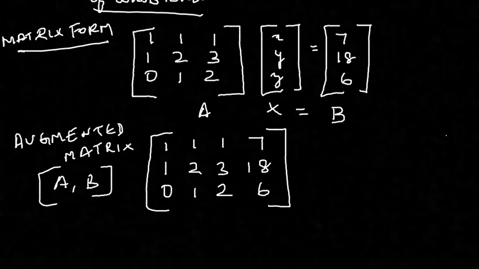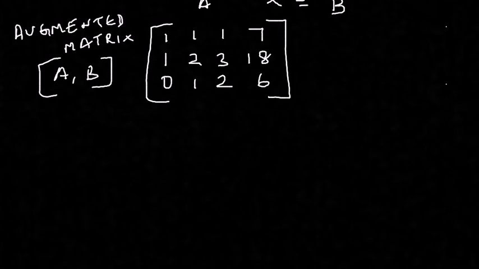Now we're trying to bring this to the echelon form, right? For the echelon form, we know that the first row, first column element should be 1. It is 1 already. Now we'll try to make this element here 0. If I subtract row 1 from row 2, I will get this as 0, right? This is straightforward. So let's get started.